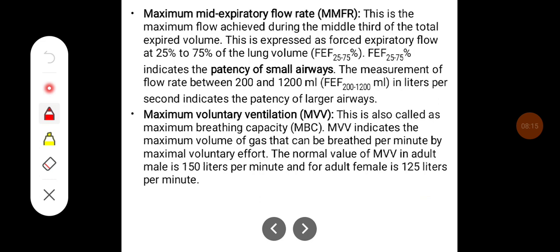Maximum mid-expiratory flow rate, that is MMFR. This is the maximum flow rate achieved during the middle third of the total expired volume. This is expressed as forced expiratory flow at 25 to 75% of the lung volume. That is, it is also called FEF 25 to 75%.